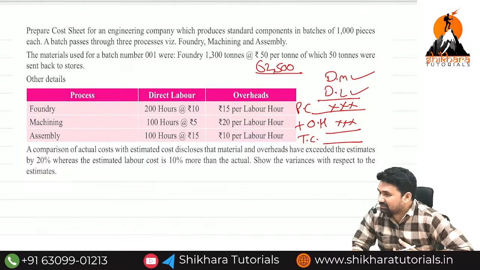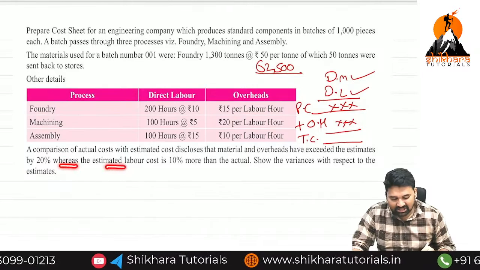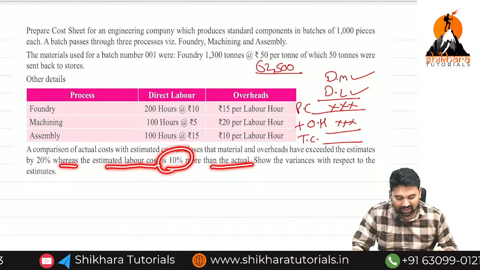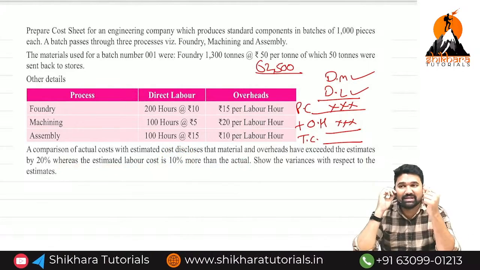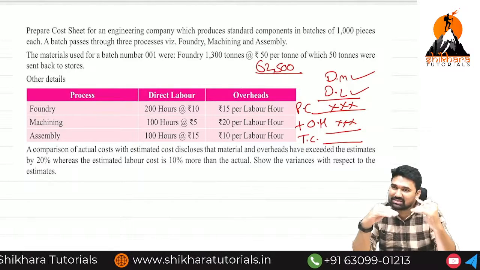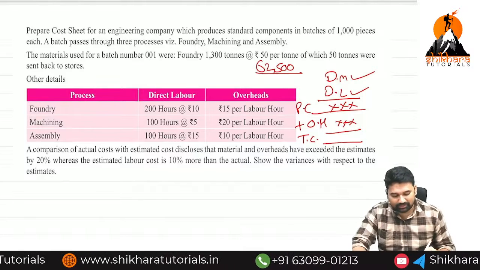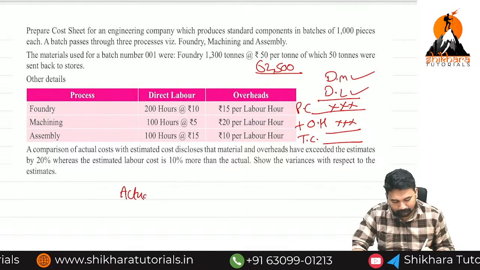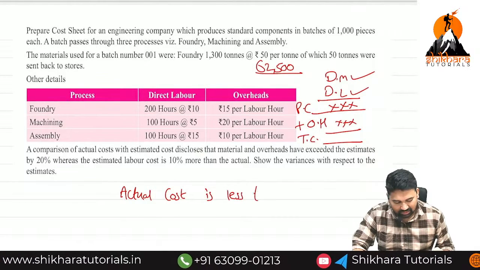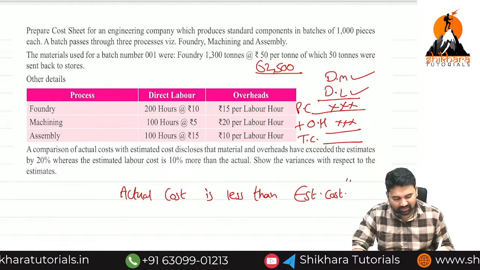And the second point is, whereas the estimated labor cost is 10% more than the actual. So the estimate is 10% more than the actual. In other words, actual cost is less than estimated cost.